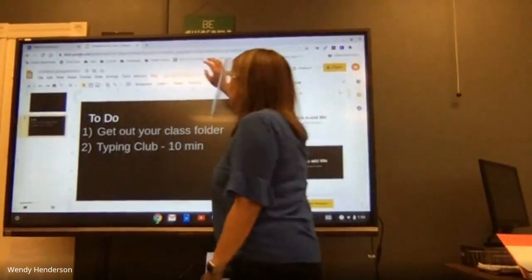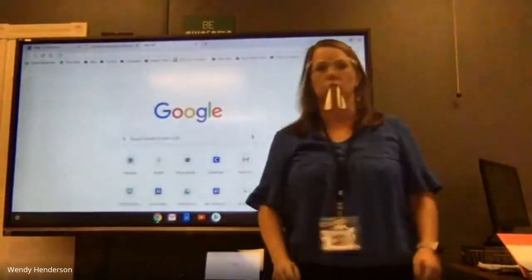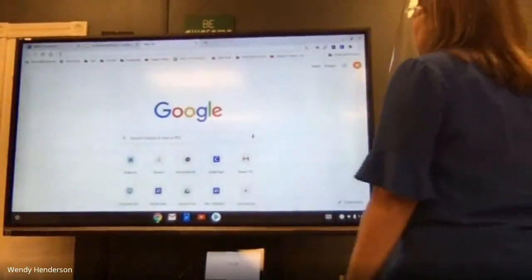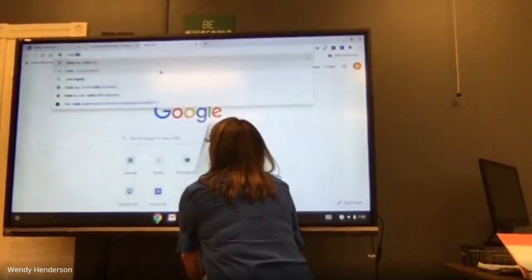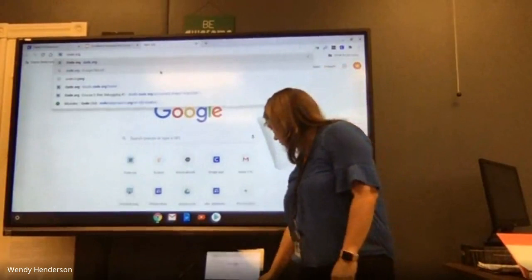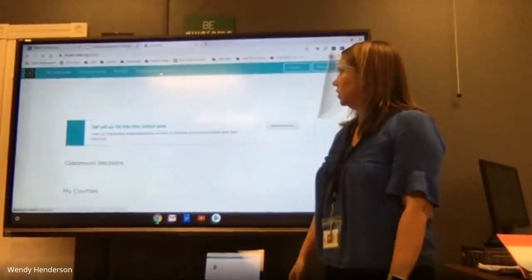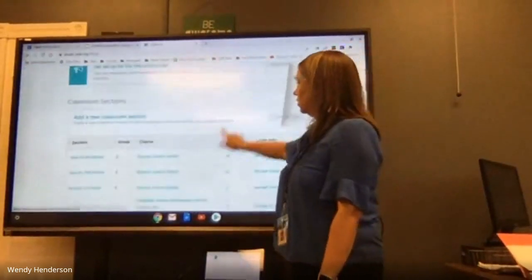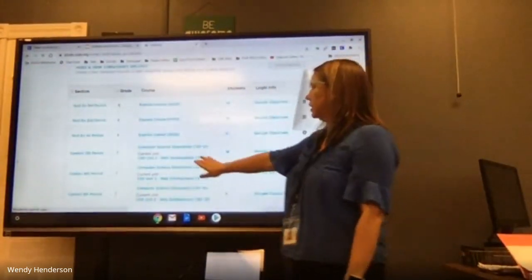So today, if you will go to code.org, and when you log in, you should see CSD Unit 2.